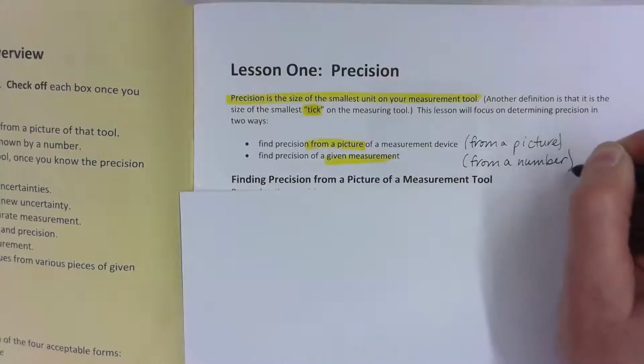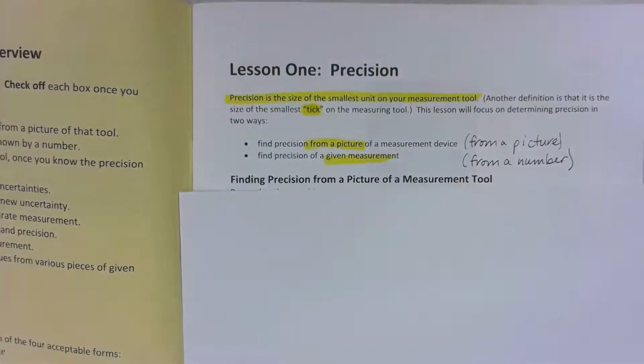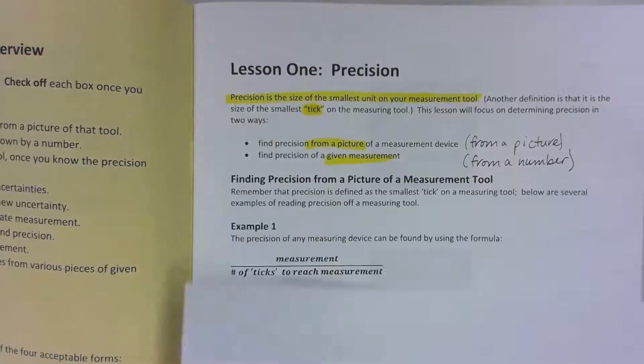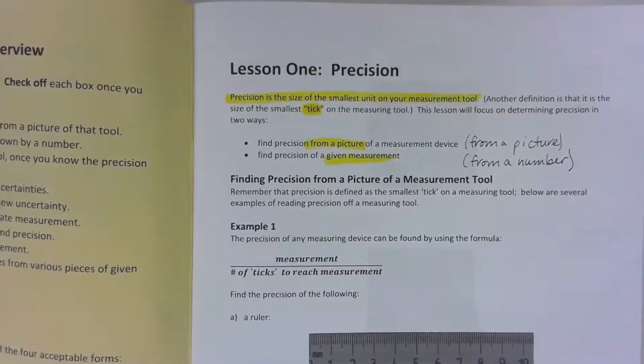Now the pictures are easier to deal with, in my opinion, because you can visibly see the ticks on the picture. Finding precision from a given number can be a little tougher.